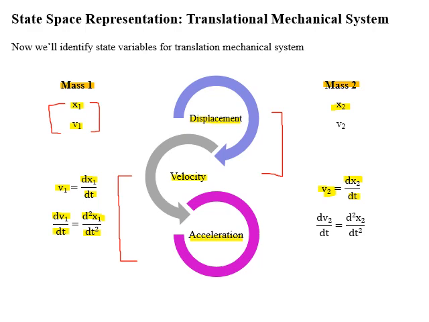Now acceleration of mass 2 will be rate of change of velocity or double derivative of x2. So x2 and v2 will be state variables for mass 2, which will be representing its displacement, velocity and acceleration.